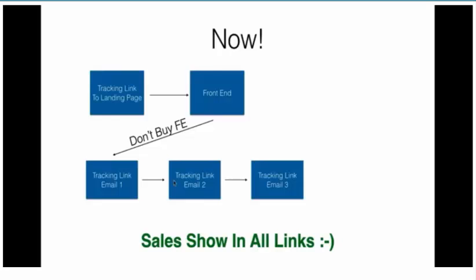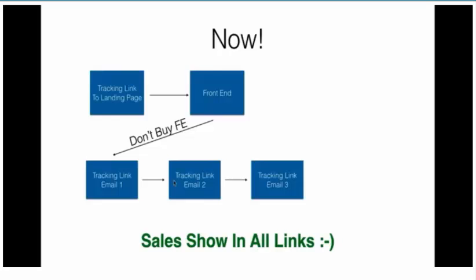If they happen to buy in any of these emails, the sale would get attributed to one of the 3 emails they bought from, but it would not get attributed to the actual original tracking link they came in through. So that could be a problem, because if you want to see which of your email follow-ups are working well, but also still wanted to see your overall stats for your whole funnel, you previously couldn't.